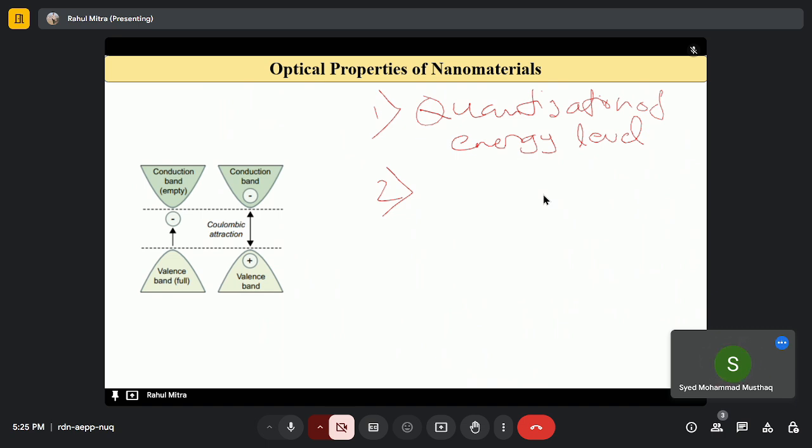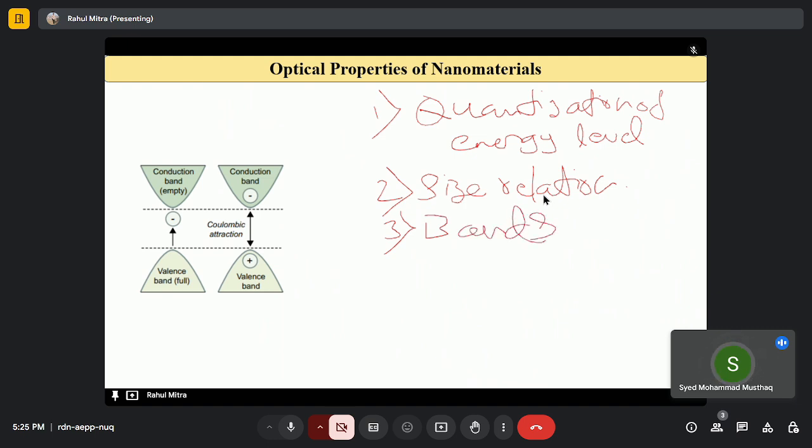So, the size relation. Please keep in mind, this size relation plays an important role in terms of plasmons, and also in terms of explaining plasmon resonance. Now, what happens to bands, right?